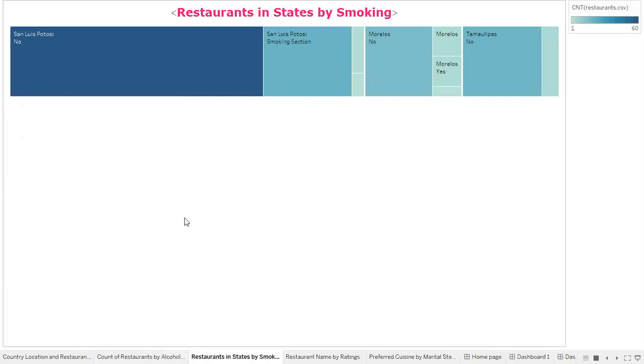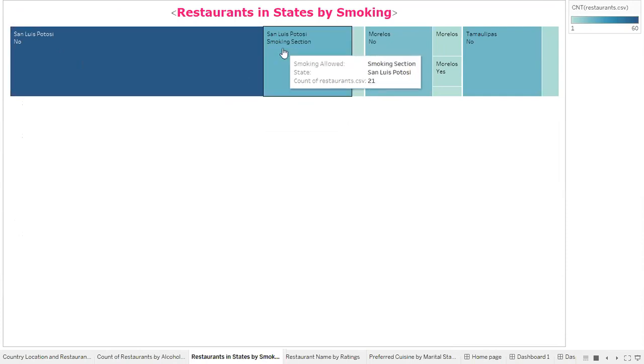also look at restaurants in states by smokers, those who love smoking. In San Luis Potosí, smoking is not allowed. There are 60 restaurants in that state that do not allow smoking.